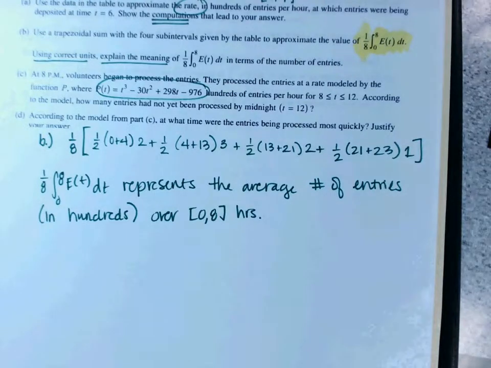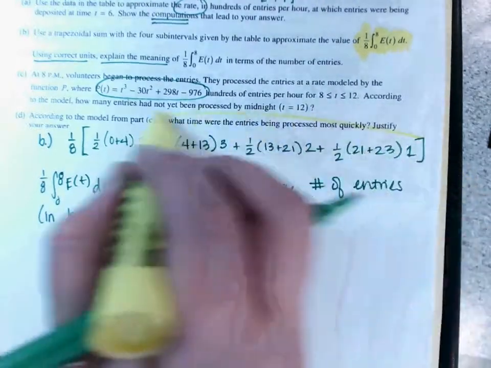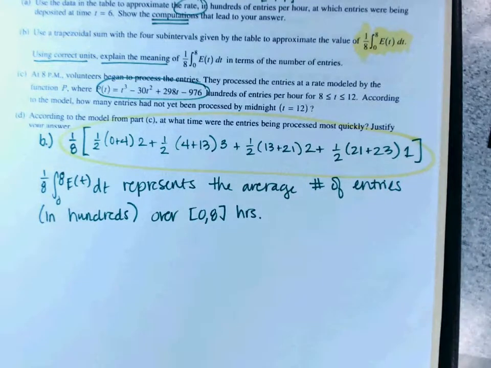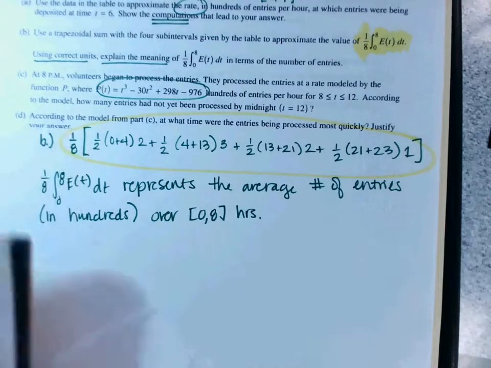So, first thing I want you to do is add this up, because we need to know how many entries are in the box to begin with. So you're going to put in, actually, and then should you type it in with the 8th in the front? No, don't type it in with the 8th in the front, because we don't want the average. We want to know how many entries were there. So no 8th, you're typing in the rest of it though.